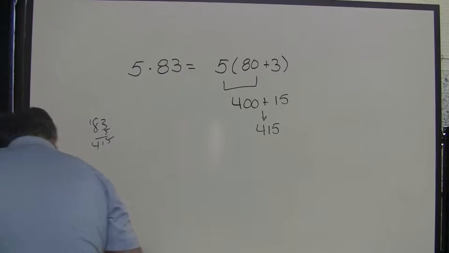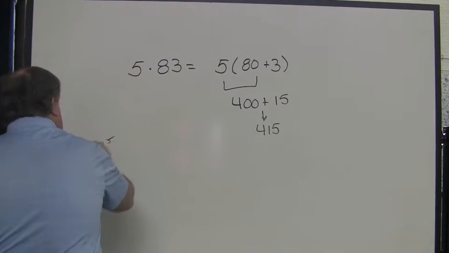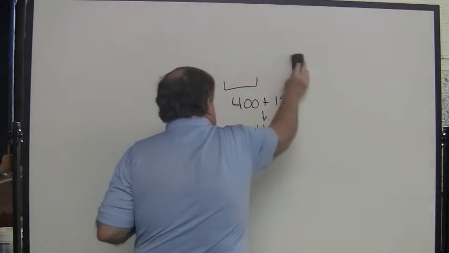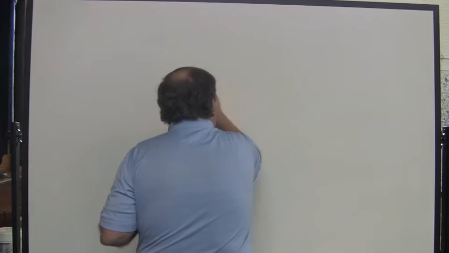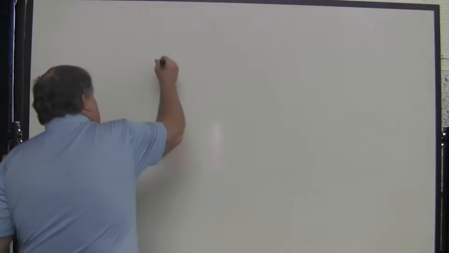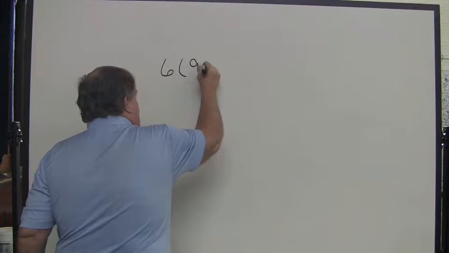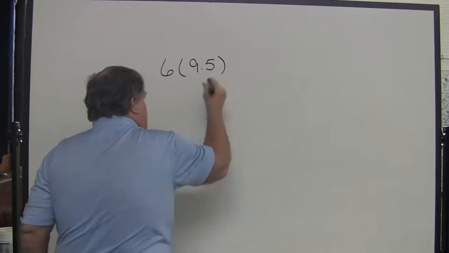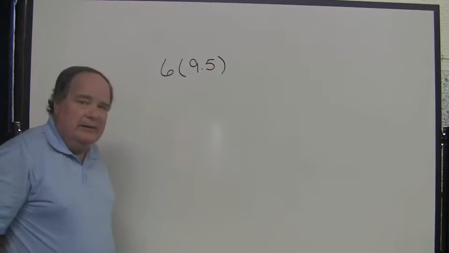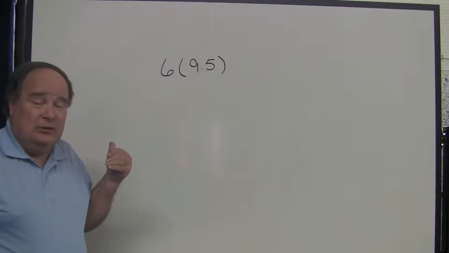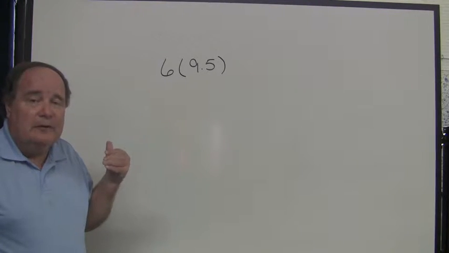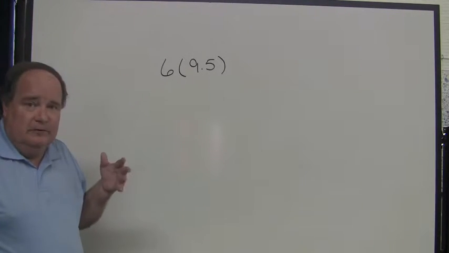Sometimes you deal with decimals. In this case, we can break our decimal up the same way we broke our number up and make it into an easy form. Let's just pretend we had 6 times 9.5. Probably need a calculator to figure that out, or at least a piece of scrap paper. What if we make it into the distributive property form?